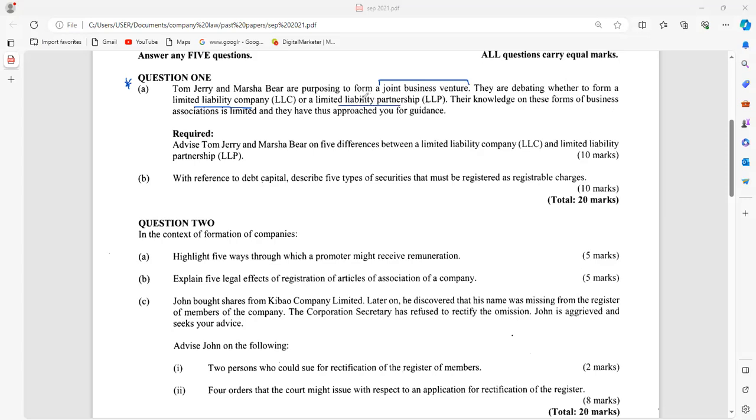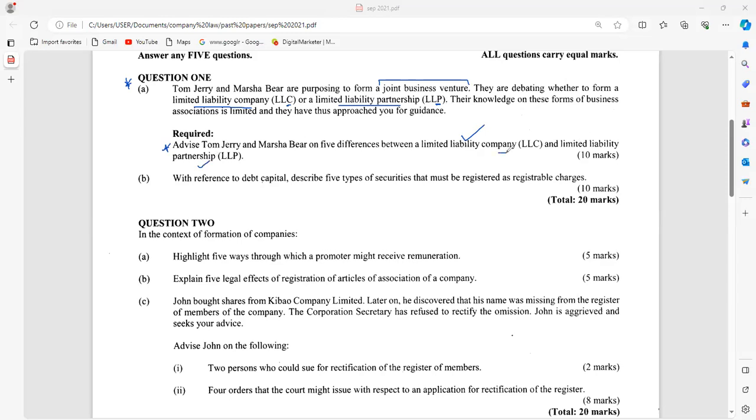Those are 2 different kinds of business entities, right? Company, partnership. Now, their knowledge on these forms of business association is limited, and they have thus approached you for guidance. So what are you required to do? You're told to advise Tom and Masha on 5 differences between limited liability company and limited liability partnership.